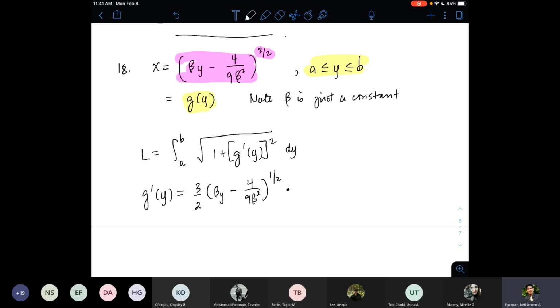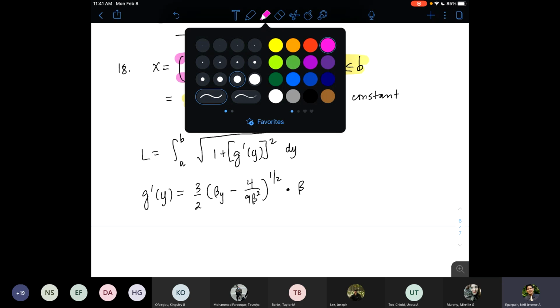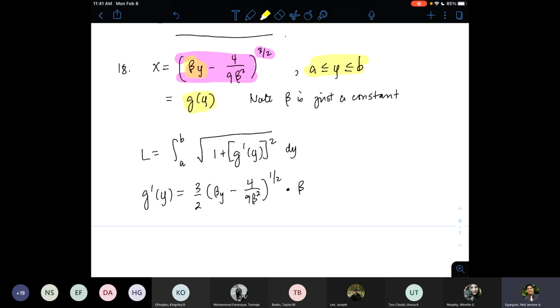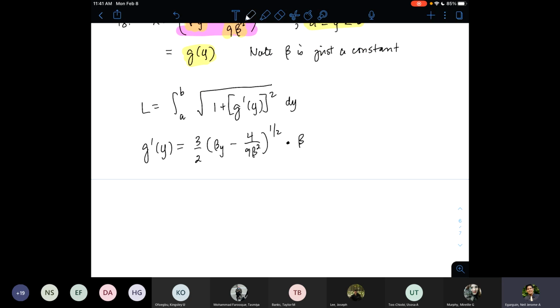But the derivative of the inside function is simply beta, right? Because the derivative of beta y is simply beta. And the derivative of 4 over 9 beta squared is 0, because that term is just a constant. Remember, beta is just an unknown constant. Okay? So I guess that's it.